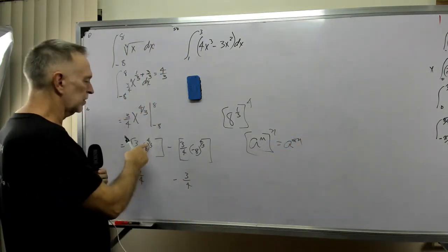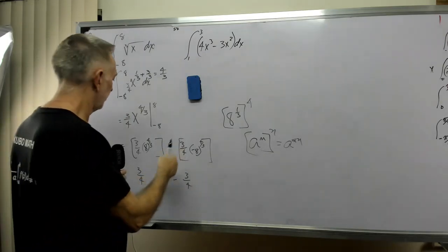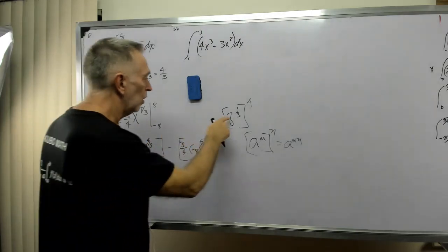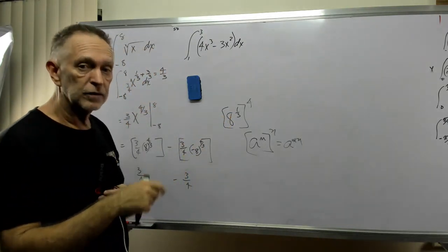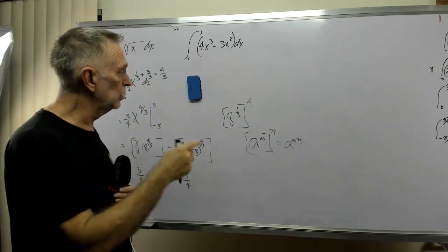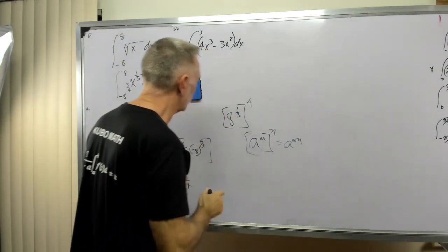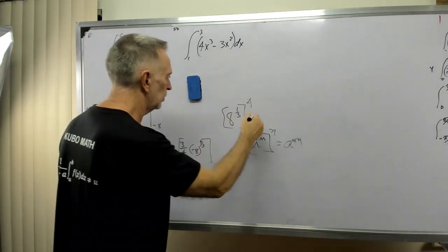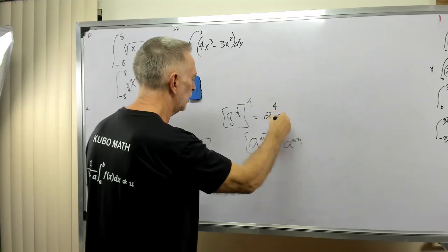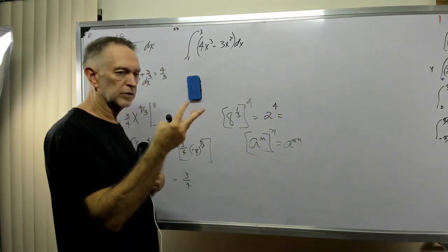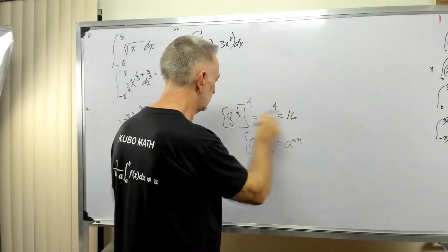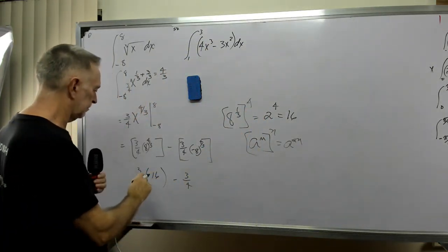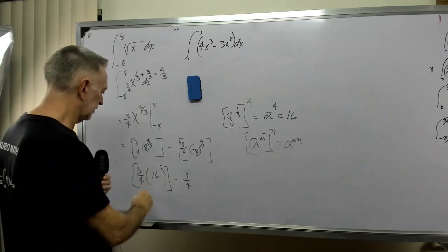So we have 4 times 1/3 here, or 1/3 times 4. That's how I'm looking at that. So the cube root of 8, 2 times 2 times 2, so it's 2. 2 raised to the 4th power. So the 1/3 power of 8 is 2. So now I have 2 to the 4th. 2 times 2 is 4, times 2 is 8, times 2 is 16. So this comes out to be 16. Guess I better put that back inside here.